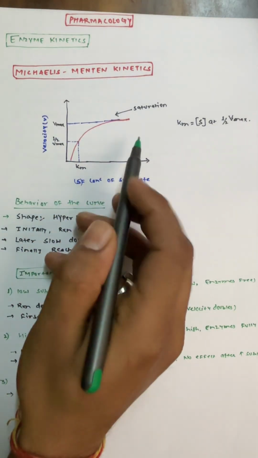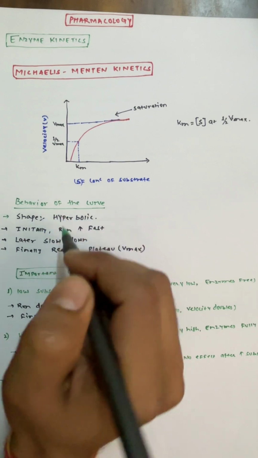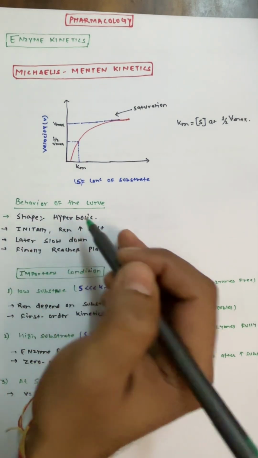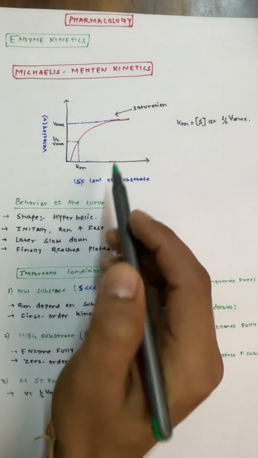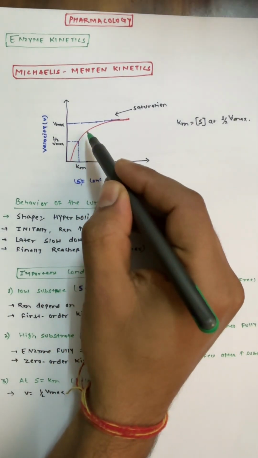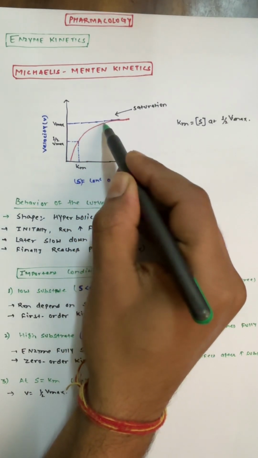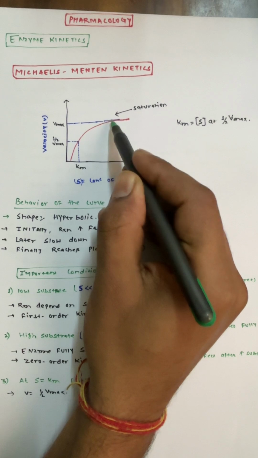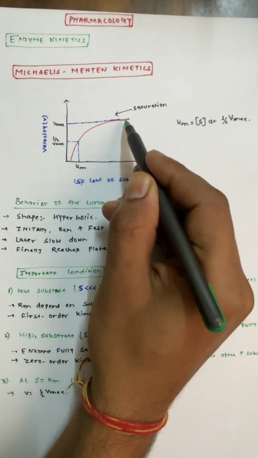Now, while talking more about this curve, many MCQs are asked on the behavior of the curve. The shape of the curve is hyperbolic. Initially the reaction is fast, it's increasing. Later it slows down and finally it reaches a plateau stage, and this plateau stage is Vmax.